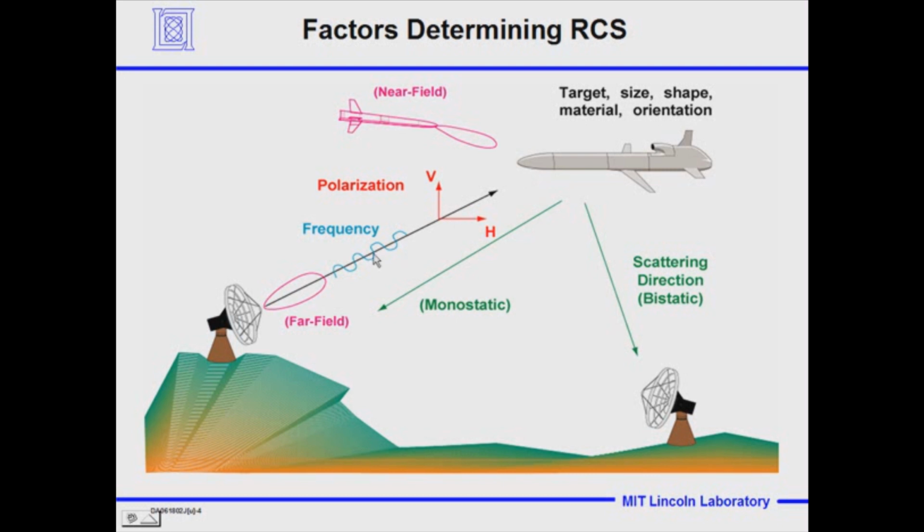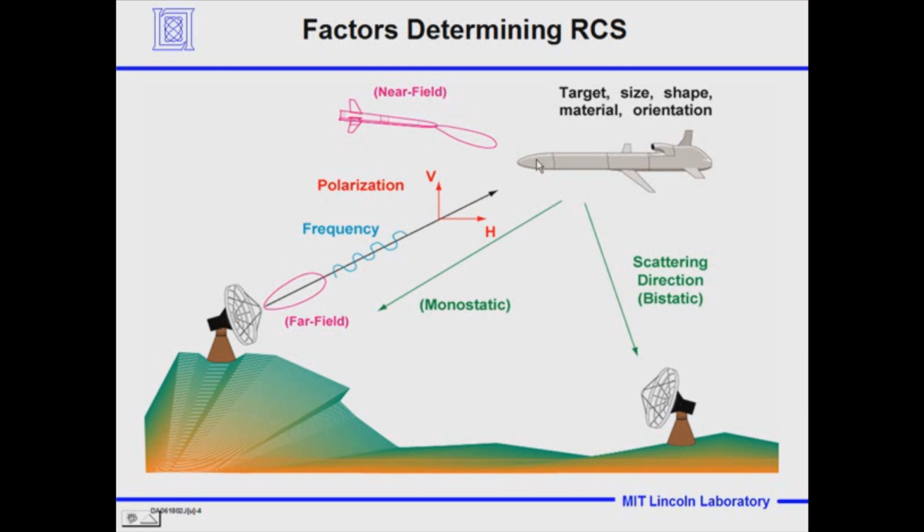You're going to see that later on when we look at a simple target like a sphere. It's going to depend on the frequency. We brought up the concept in the introduction of polarization, the orientation of the electric field vector, and it's going to be dependent on that polarization.